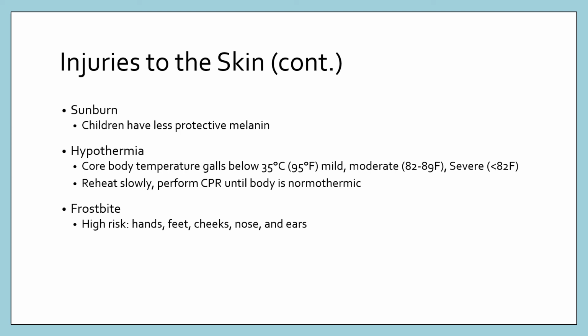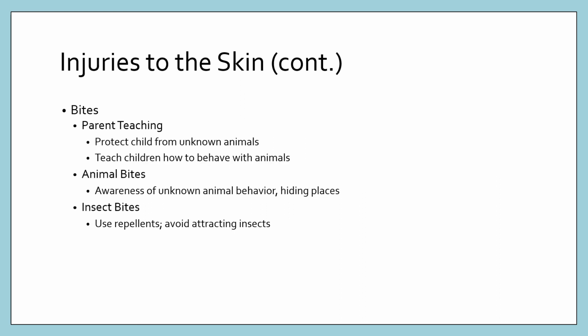Frostbite, obviously the problem with this is that if you lose blood supply to, say, the fingers, toes, ears, that can become necrotic and fall off. Bites, animal bites, insect bites, all those kinds of teachings are included in this section. So know how to teach the parents about preventing insect and animal bites.